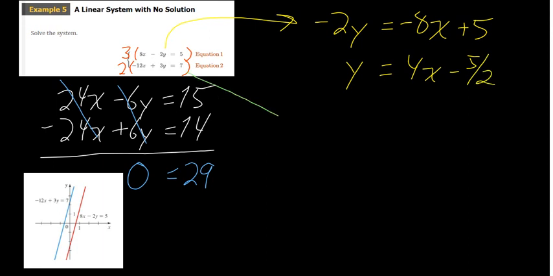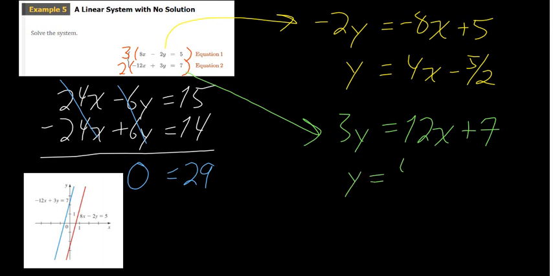And then this equation, if I solve for y, I'd get 3y is equal to 12x plus 7. And I've got y is equal to 4x plus 7/3.